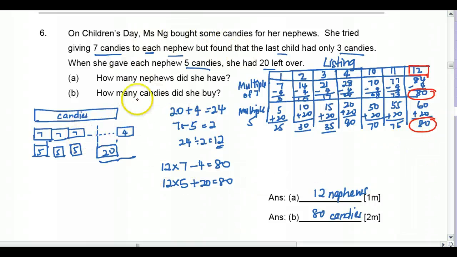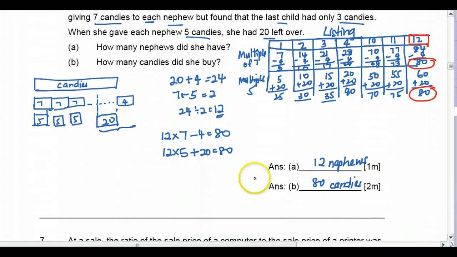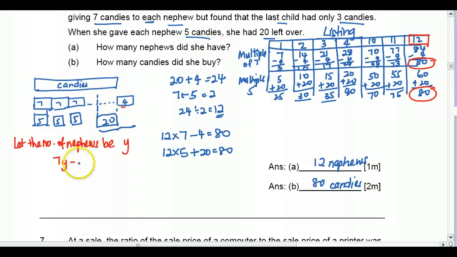Now the next method I'm going to show you is algebra, which you will be learning in P6. Okay, let's try out the algebra method. We can let the number of nephews be y. If he gives 7 candies to each nephew, it is 7y, and I need to minus 4 here.